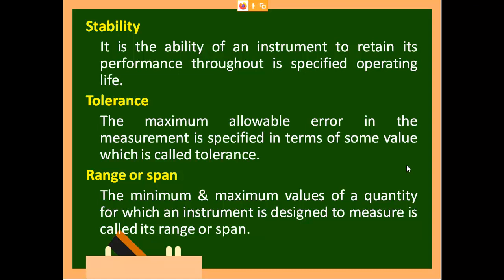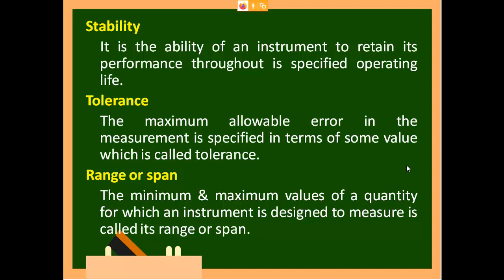Range and span: each and every meter will have its own range, a starting value and an ending value. The minimum and maximum value of the quantity for which the instrument is designed to measure is called the range or the span.